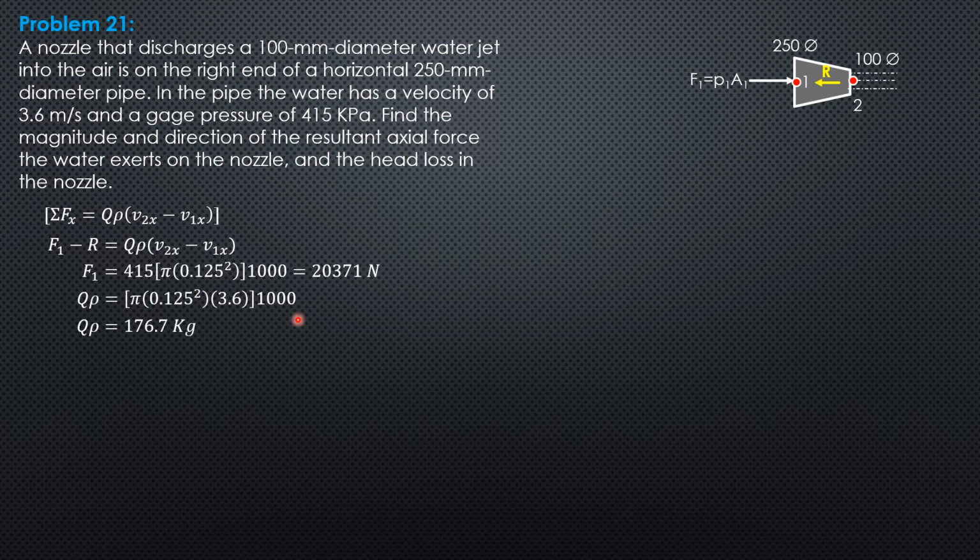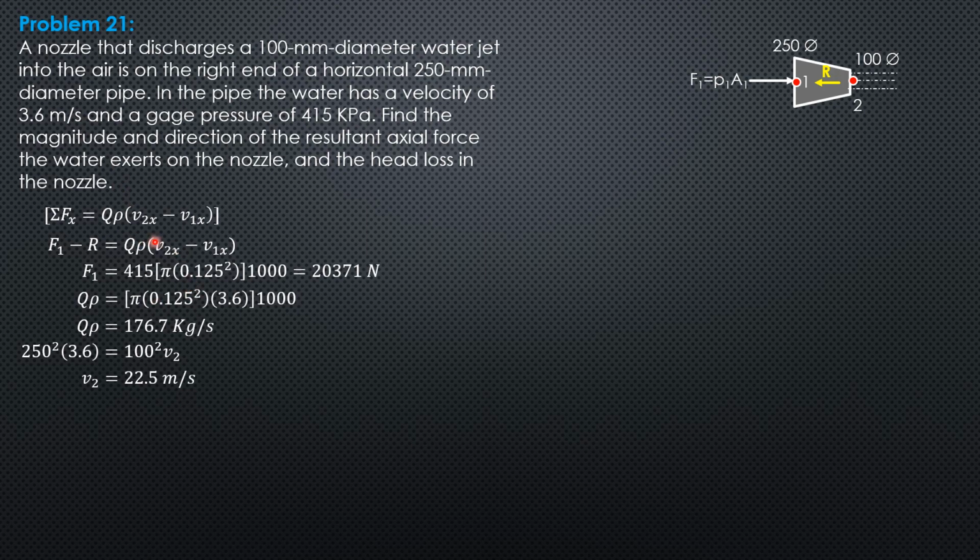So it is 176.7 kilogram per second. By the way, let's solve for V2 by continuity equation. 250 square times 3.6 equals 100 mm square diameter times V2. So V sub 2 is 22.5 meters per second.